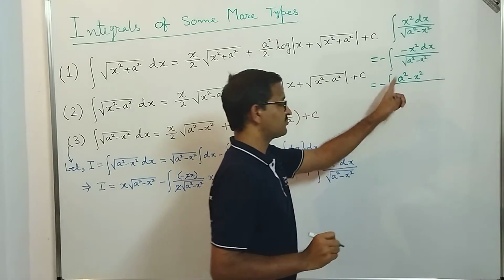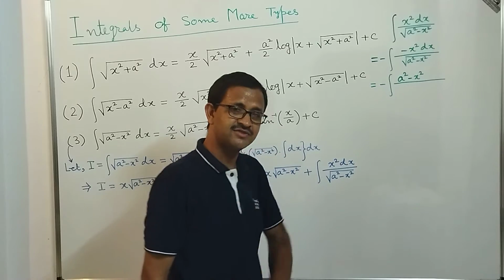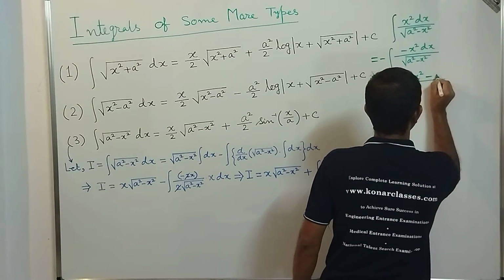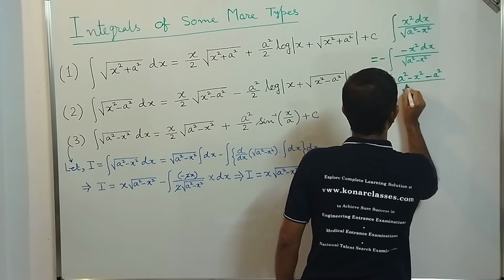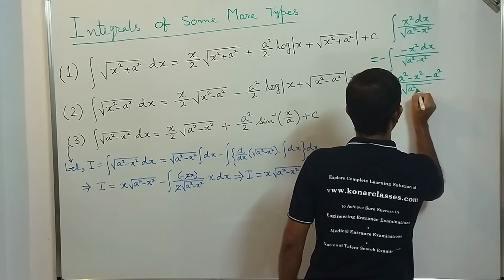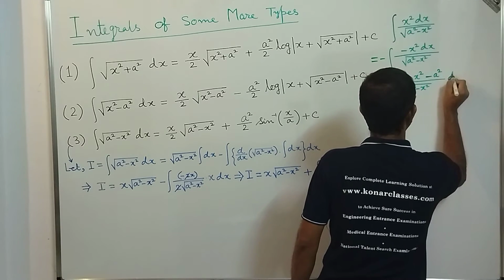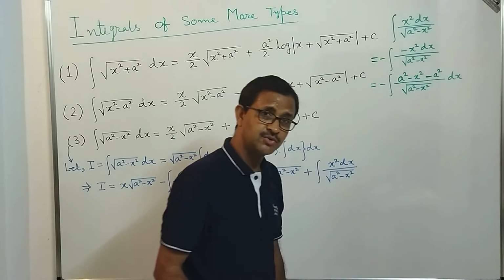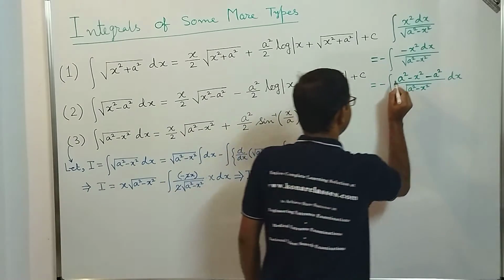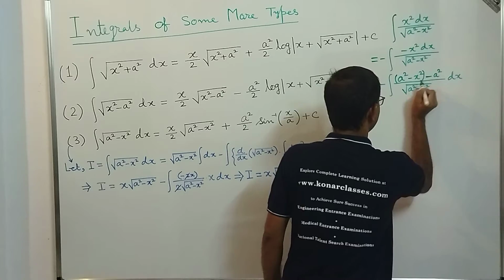So you see one a square has been added, so that a square has to be subtracted so that it will be balanced. So minus a square divided by square root of a square minus x square dx. Now dear students, that a square minus x square in the numerator we can club together.